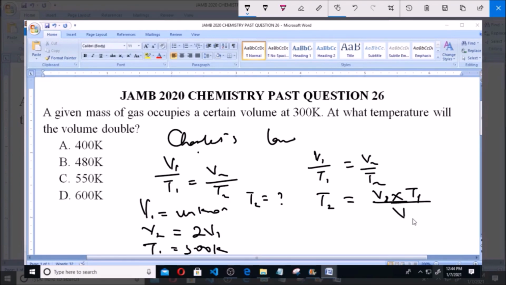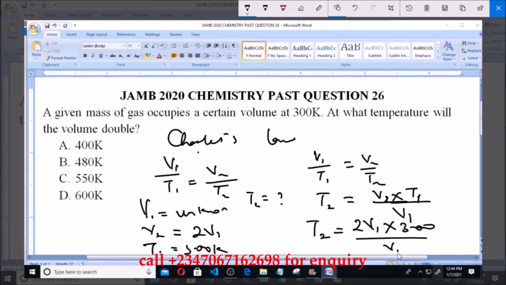Now V2 is 2 V1 multiplied by T1, which is 300 all over V1. V1 will cancel V1, leaving us T2 is equals to 2 times 300, and that is equals to 600 Kelvin. So the temperature at which the volume will double is equal to 600 Kelvin, which is option D.